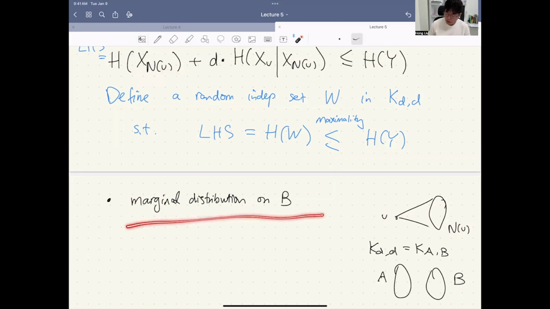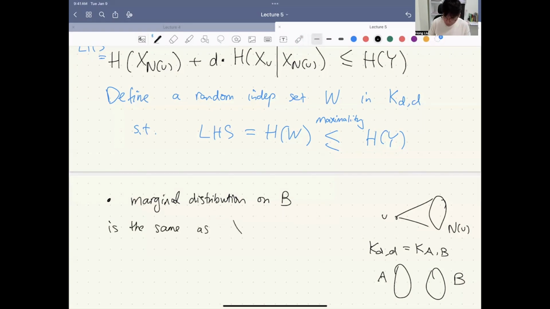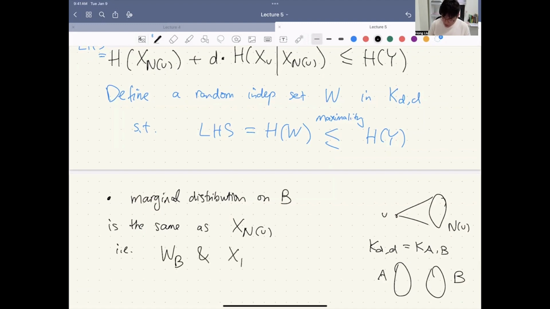We let W be sampled so that its marginal distribution on B is the same as that. I.e., if you look at W projected on B and X projected on MV, they are identically distributed.